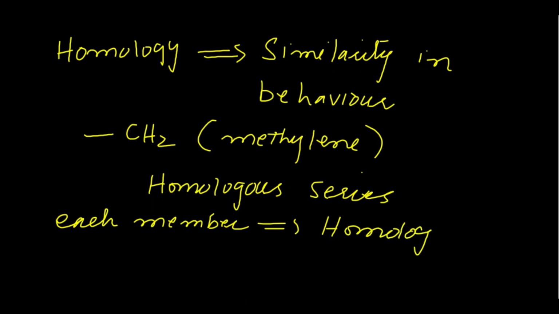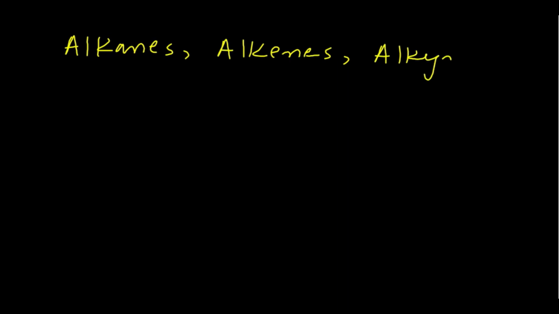Now students, we will see some of the important examples of homologous series. For example, the alkane series is a homologous series. Like alkenes, alkynes, alcohols, and many more. Right students?